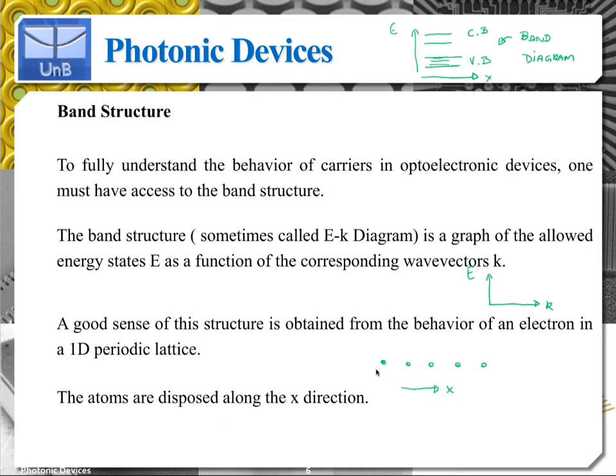In order to understand the band structure of a three-dimensional lattice, it's usually easier if we start out with a 1D periodic lattice first. So the atoms are arranged along one direction only. It's useful for us to look at the band structure of this type of lattice first.